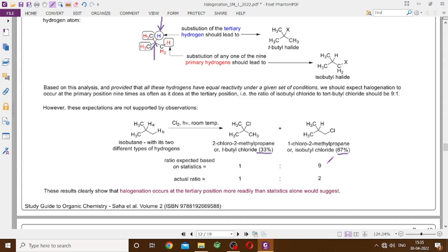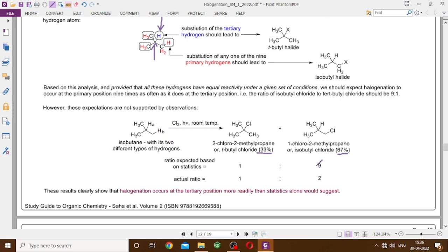Because had the primary hydrogen replacement been faster, the ratio would have been like 1:100 or something like that in favor of the isobutyl chloride. It should be more than 1:9 if the primary hydrogen's replacement were faster.